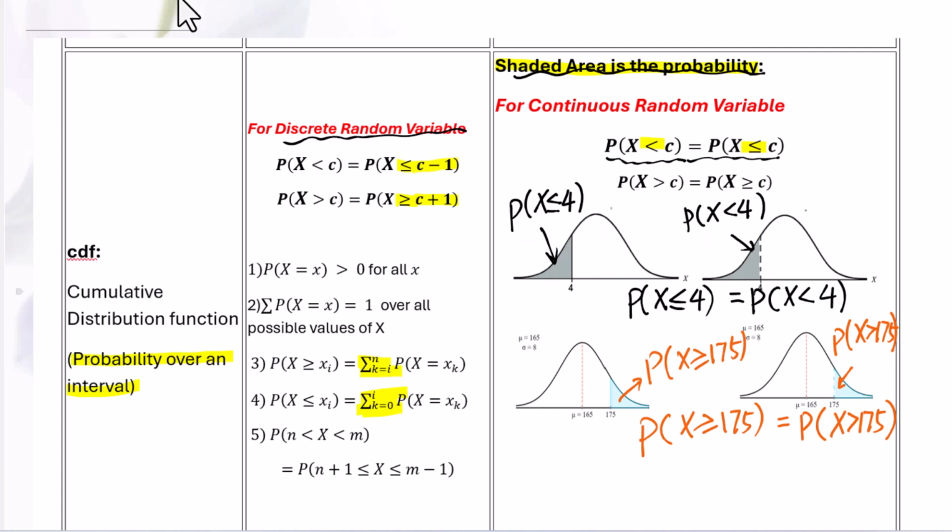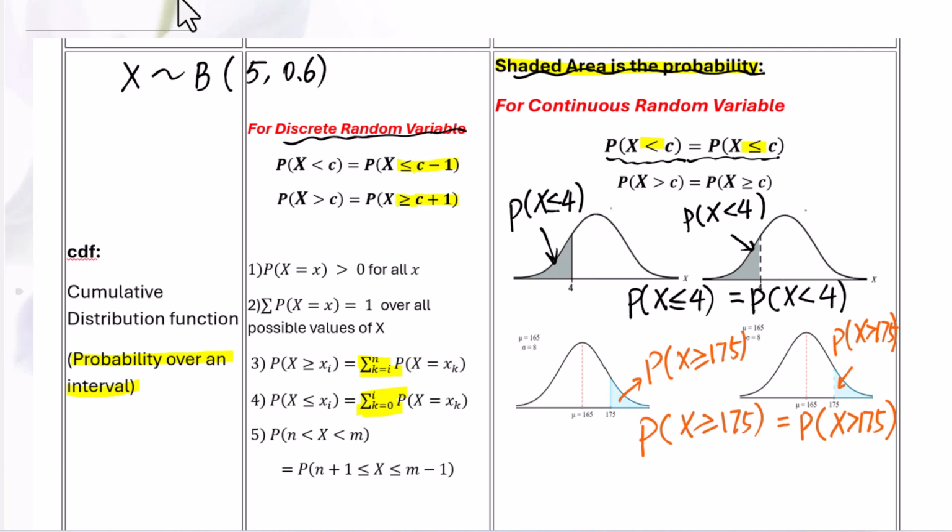For example, x follows a binomial distribution with 5 as the number of trials and 0.6 as the probability of success.